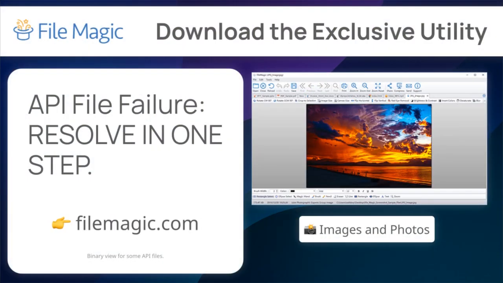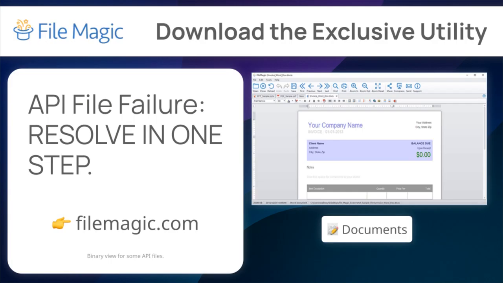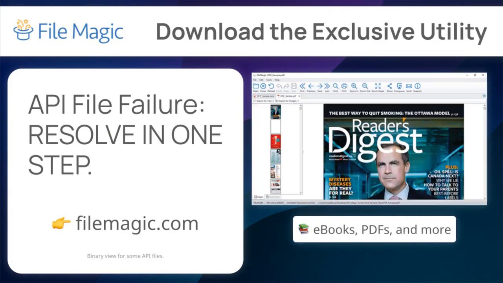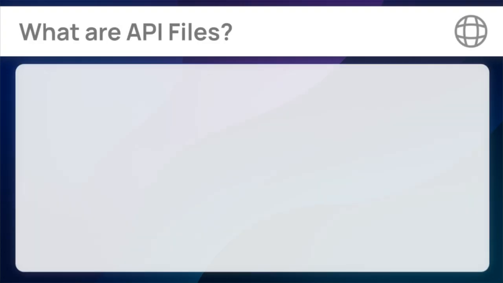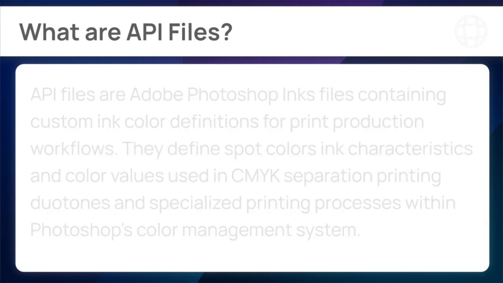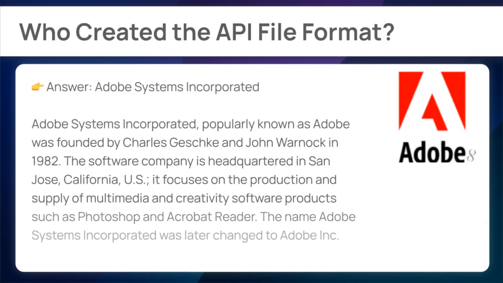The efficacy of this tool hinges on the speed and analysis power of a single API file inspection program that services hundreds of formats. API files are Adobe Photoshop Inks files, containing custom ink color definitions for print production workflows. They define spot colors, ink characteristics, and color values used in CMYK separation printing, duotones, and specialized printing processes within Photoshop's color management system.